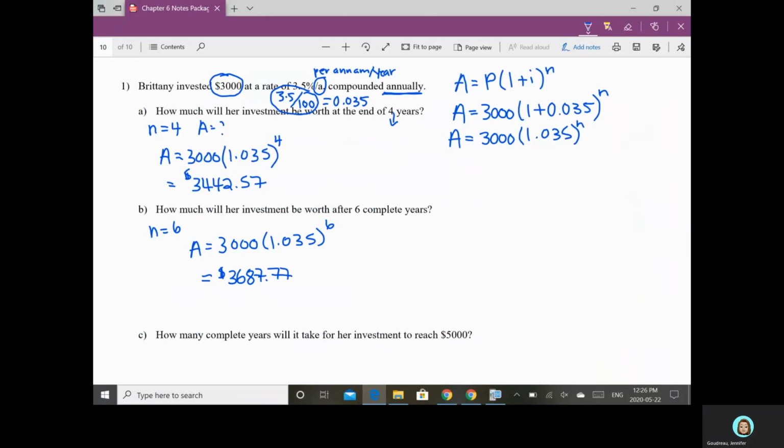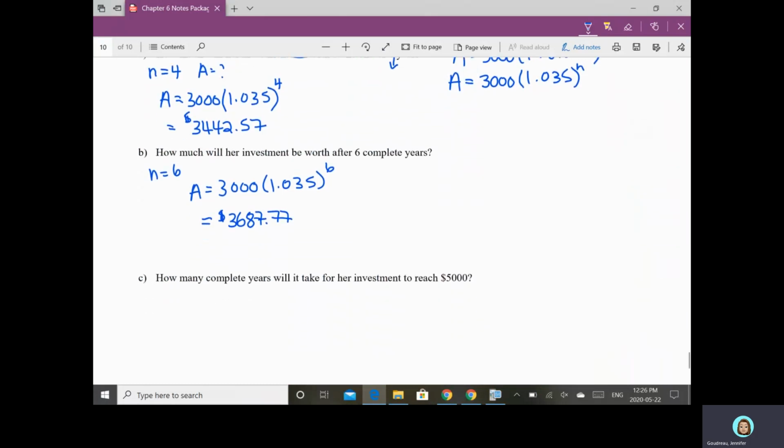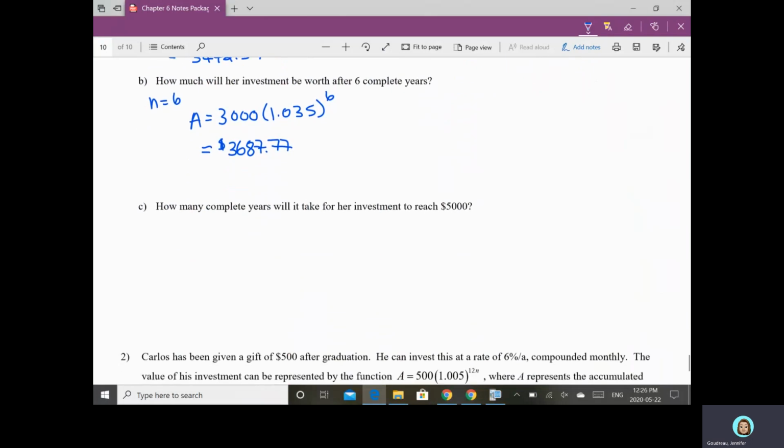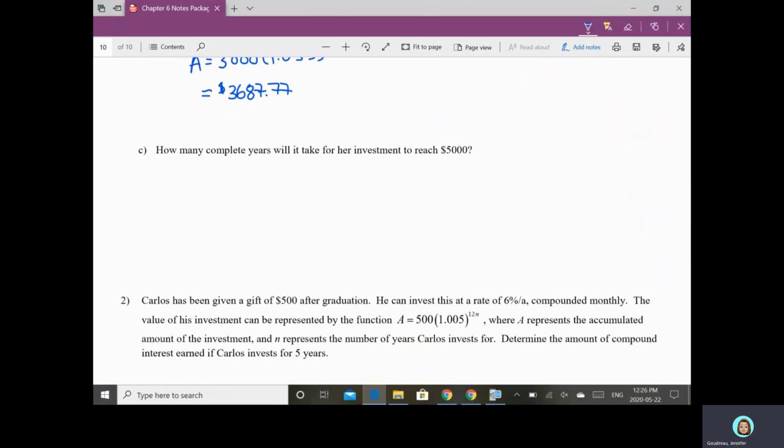Part C. How many complete years will it take for her investment to reach $5,000? So in this case, we are looking for n. We know the accumulated amount is 5,000. So we are not just substituting. In this case, we are solving an exponential equation.